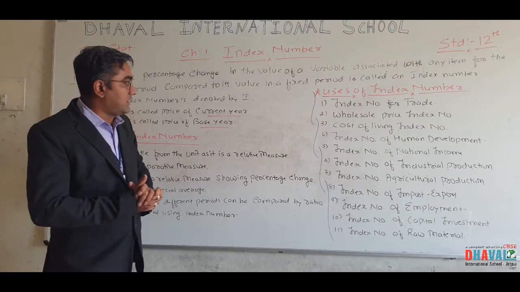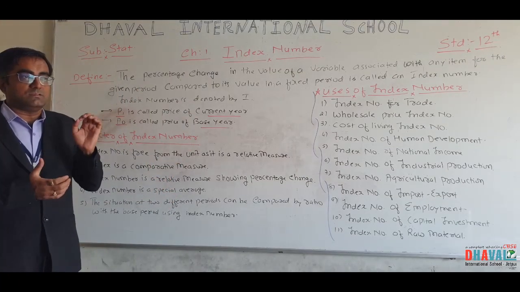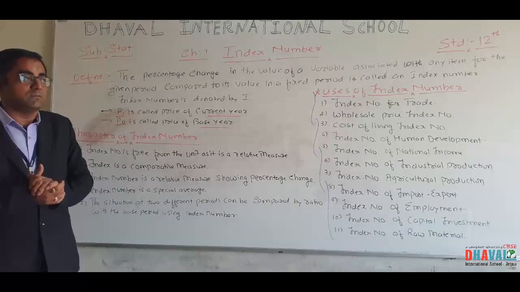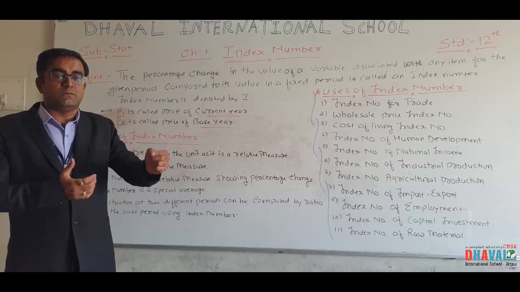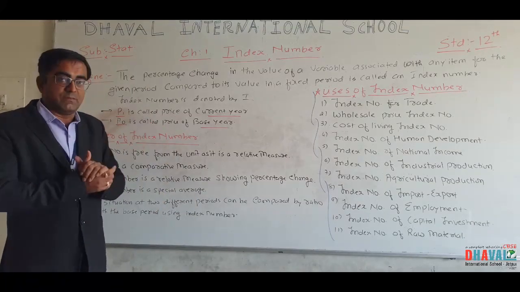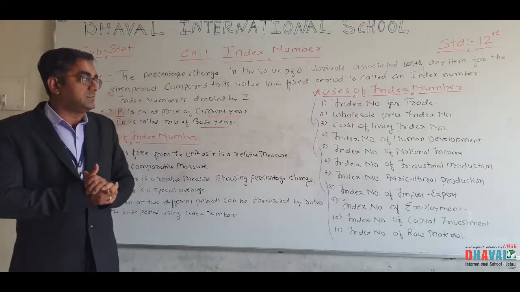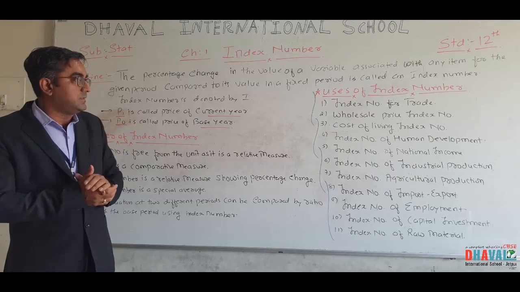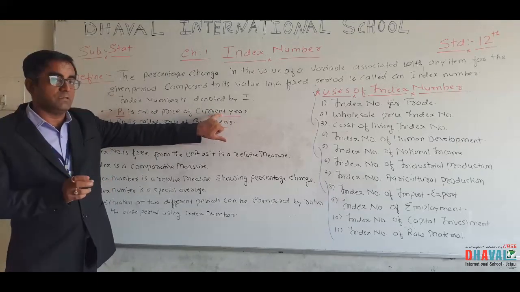Now, one question arises: what is the current year and the base year? Suppose you buy an item from the market today, whatever amount you pay for that item is the price of the current year. Suppose you buy gold and the price right now is 45,000, which means the current year price is 45,000 in the year 2020.